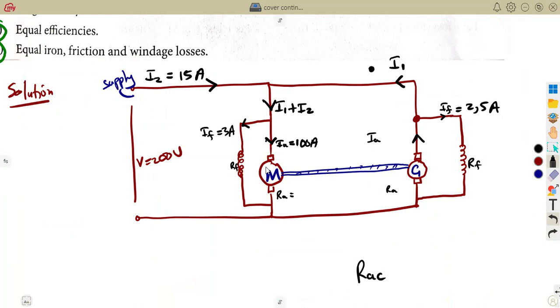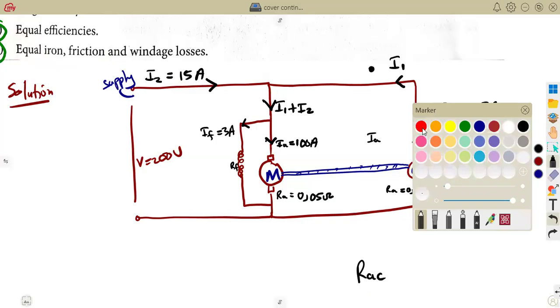We do not have any other resistance affecting that armature. So we're just going to take it as it is, which is 0.05 ohms, which is the same even on this side, 0.05 ohms. So we have that one. It's already given.